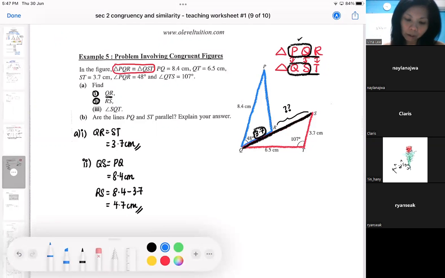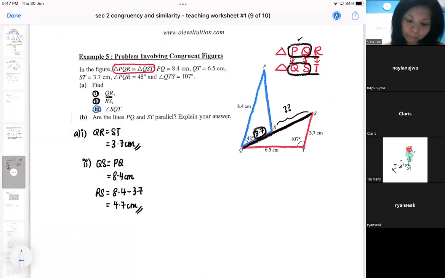The next one, we're going to be matching angle. This is angle Q, angle SQT, which should be matched with this angle.